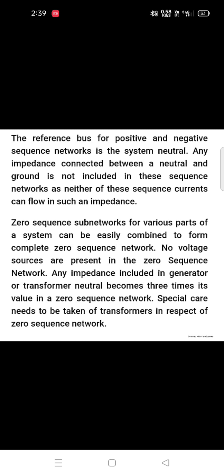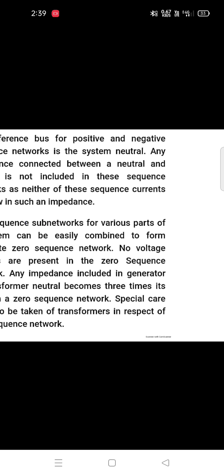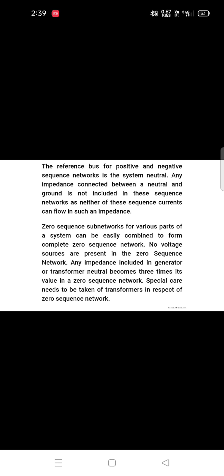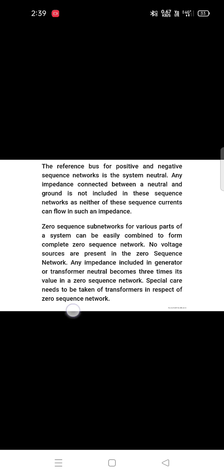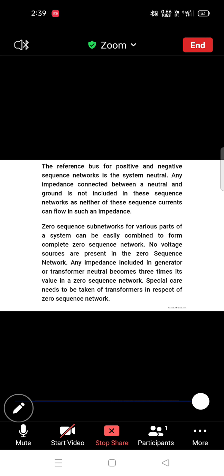Special care needs to be taken of transformers in deriving this zero sequence network. So this is the way to construct our power system using impedance networks. In the next lecture we will see examples or problem solving, and we will practice how to construct a power system using impedance.